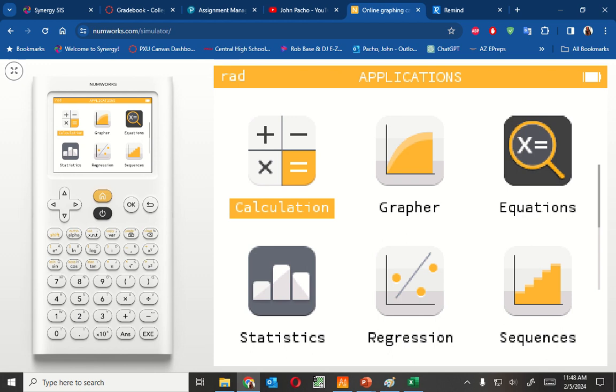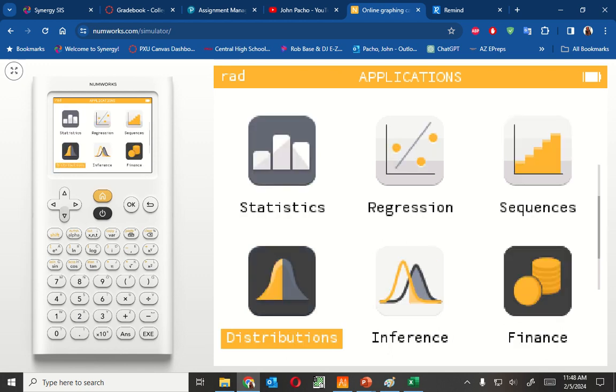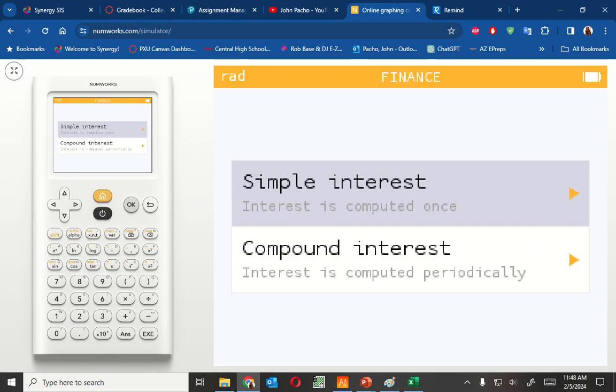You got the calculator. Good job. Okay, so now, step by step, you're going to write these down. Find where it says finance. From the home screen, go find finance. Okay, so now we found finance, click on that.